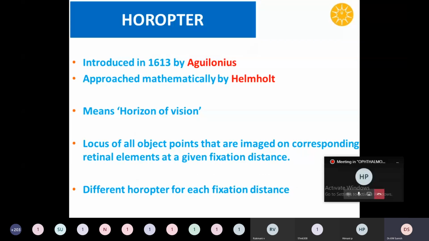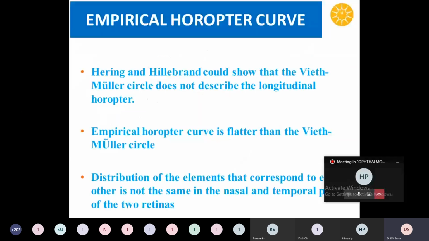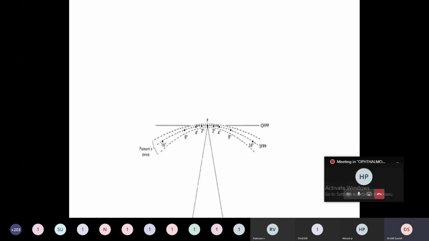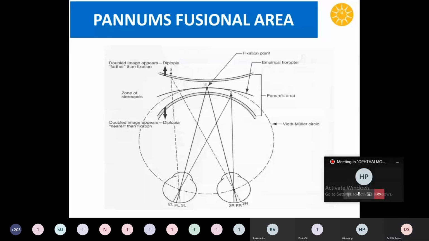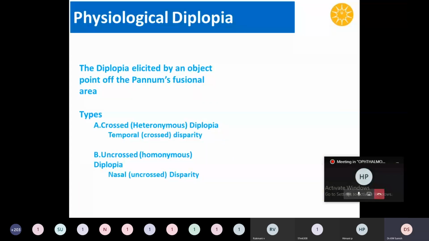This is about the horopter, the details of which you are not supposed to know too much. It corresponds to Panum's fusional area.